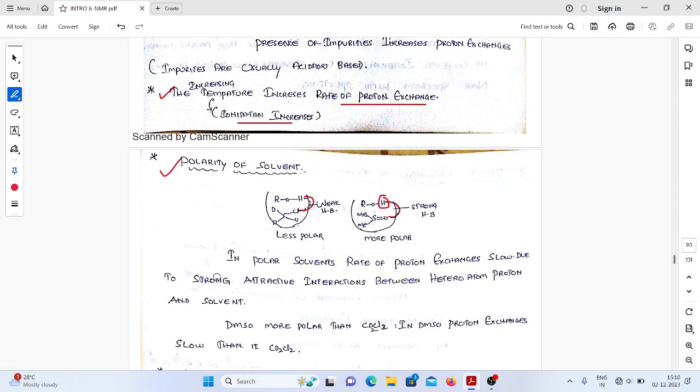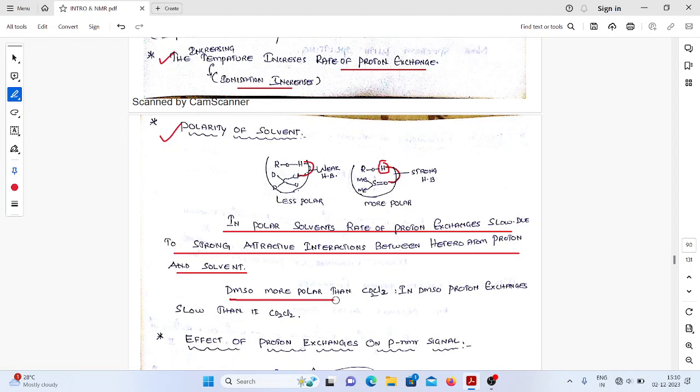Okay, see this. In polar solvents, the rate of proton exchange is slow due to strong attractive interactions between the heteroatom protons and the solvent. DMSO is more polar than CD2Cl2. In DMSO, proton exchange is slower than in CD2Cl2.